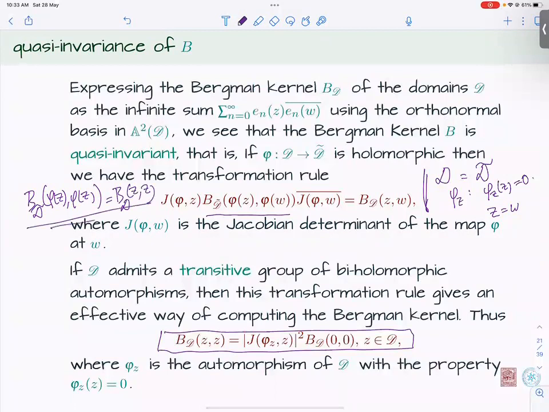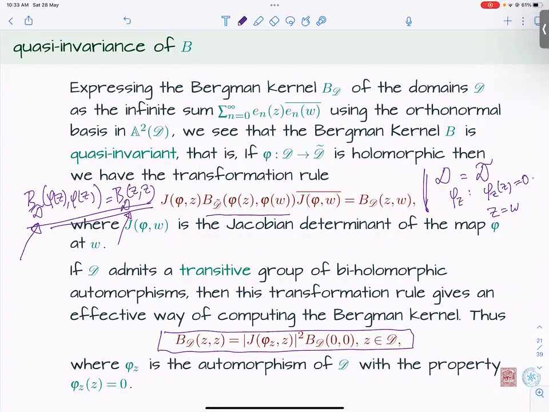See, this way you could check whether D and D tilde are biholomorphically equivalent or not by simply computing the Bergman kernel for D tilde, computing the Bergman kernel for D, and saying that if they were biholomorphically equivalent, then B_D tilde of phi_z comma phi_z has to be B_D of z comma z.